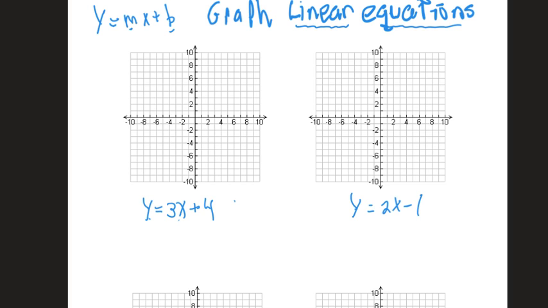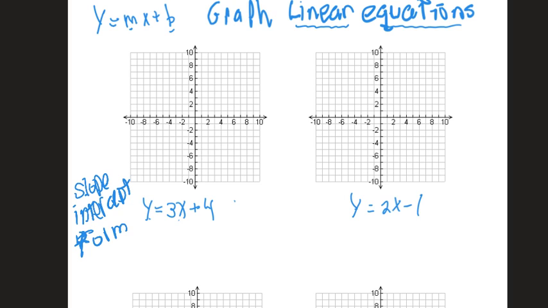And we have it in this slope-intercept form that you're supposed to know what it is. Slope-intercept form.